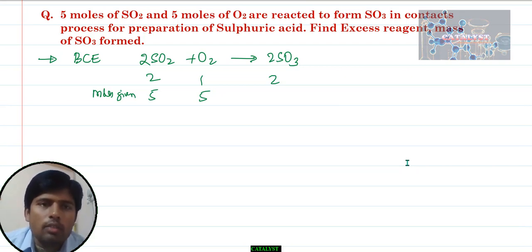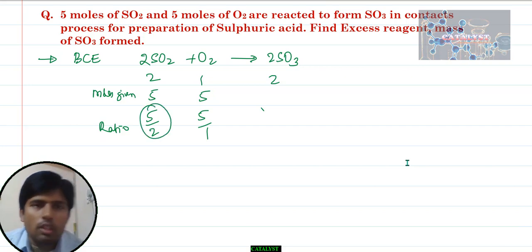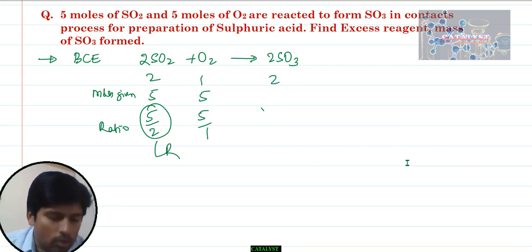Now next thing we do is the ratio, which is 5 by 2 here. Here it will be 5 by 1. This will be 2 by 2. Of course this is not given, we have to calculate this. Now out of these two, SO2 is the limiting reagent.